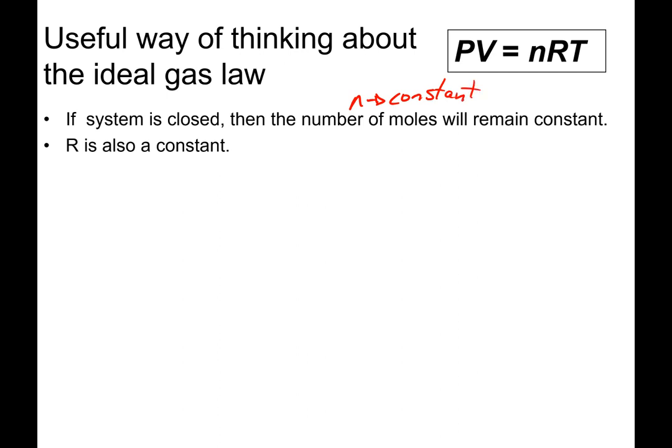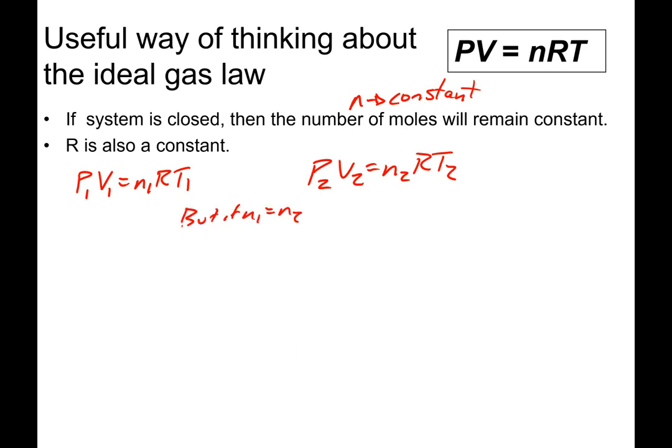So if I'm trying to compare a before-after situation, which is often what these problems are, you might have at the beginning P1 V1 equals n1 R T1. And then afterwards, you might have P2 V2 at some final state equals n2 R T2. But if n1 equals n2, then watch what happens.